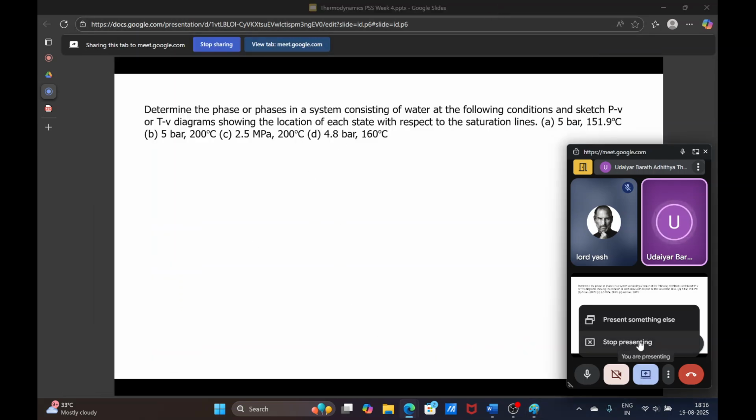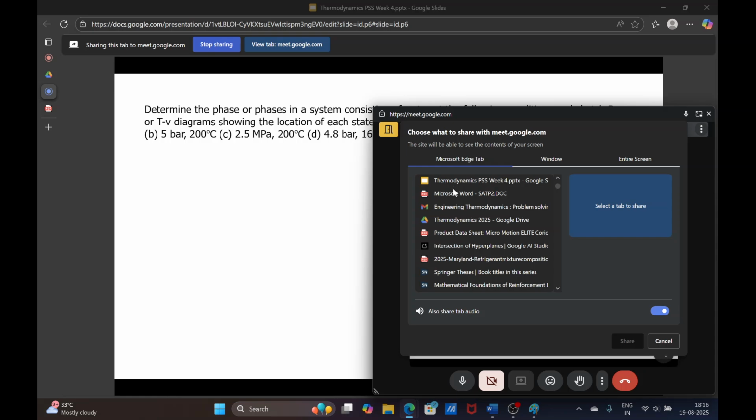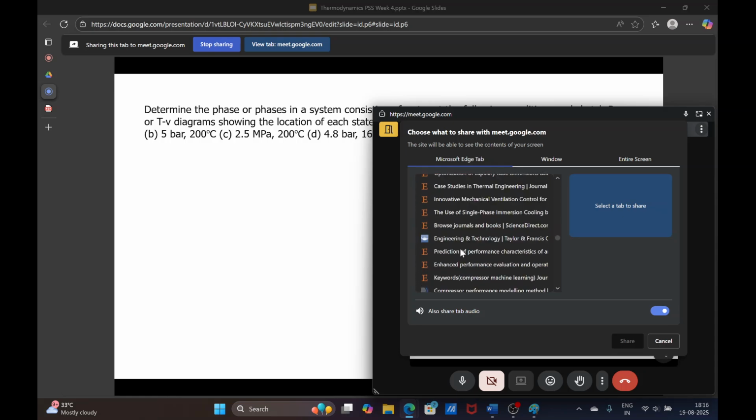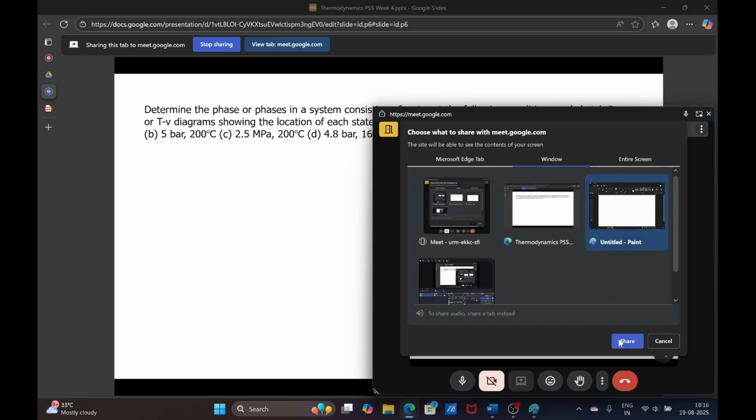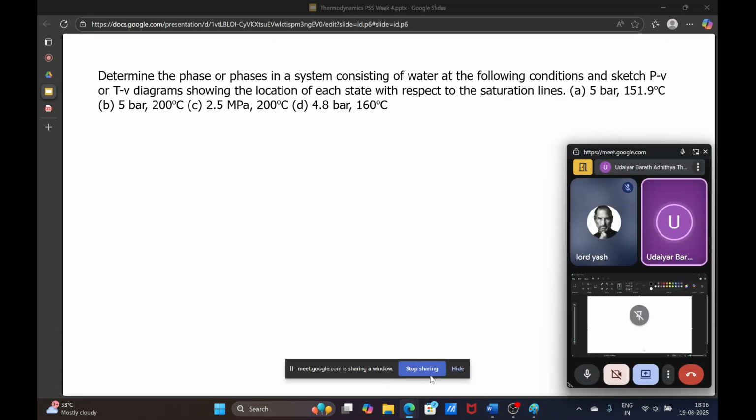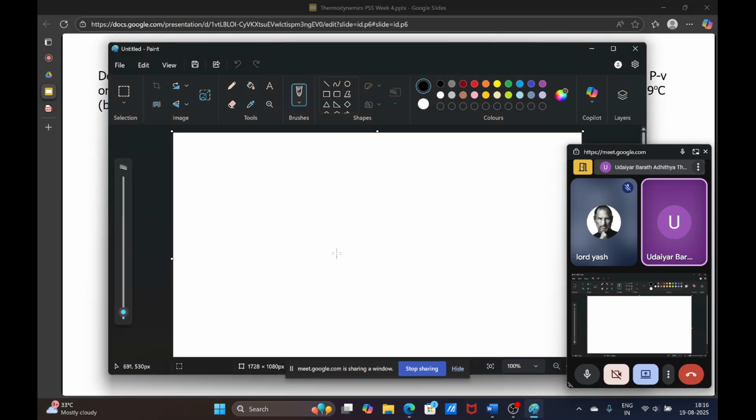And we need to represent it in a PV or TV diagram. So how will that look? If you take this as your P versus V, you have a two-phase dome.